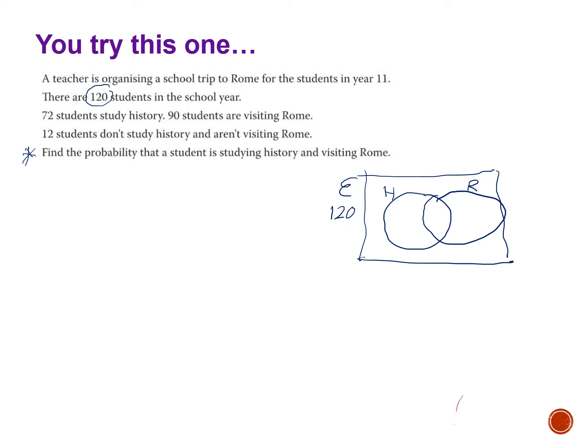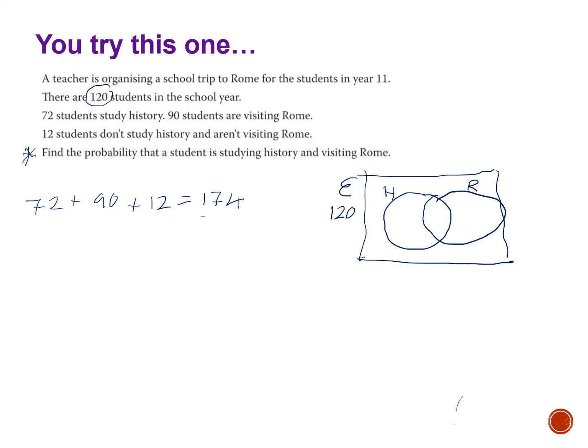Okay, so let's have a look. They've told us how many study history, how many visiting Rome, and they've told us how many don't study history and aren't visiting Rome, so how many are not doing either. So remember what we did last time? We totaled up how many students they gave us altogether. Okay, and we got 174.